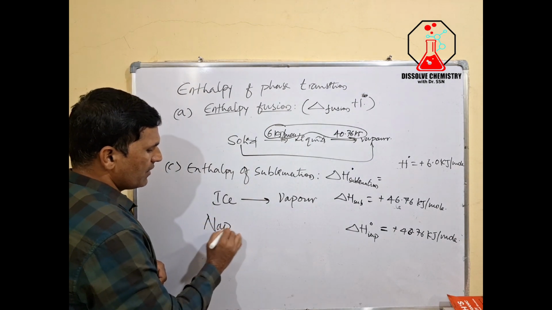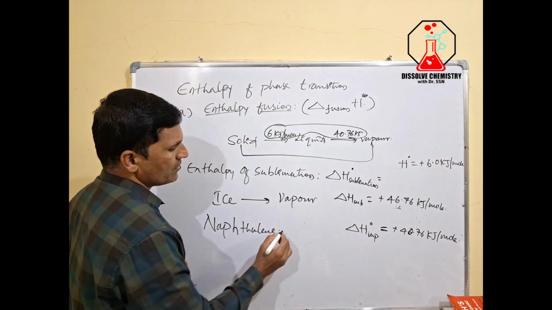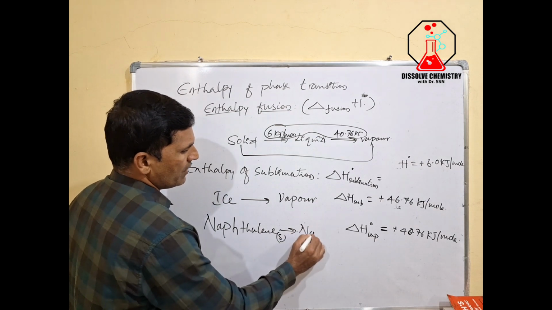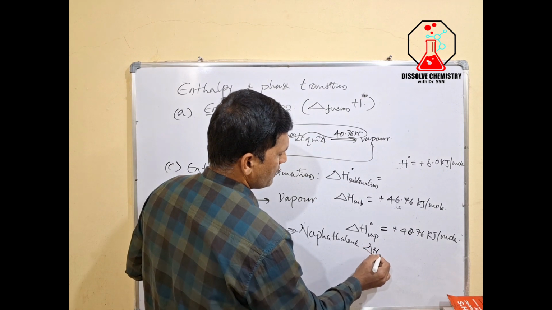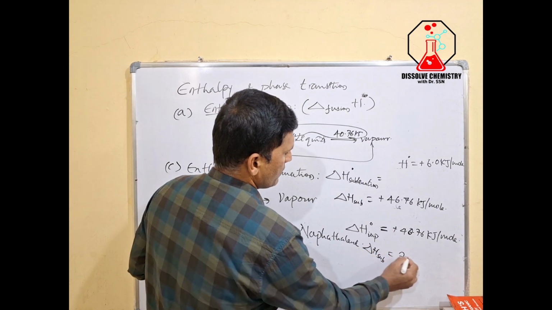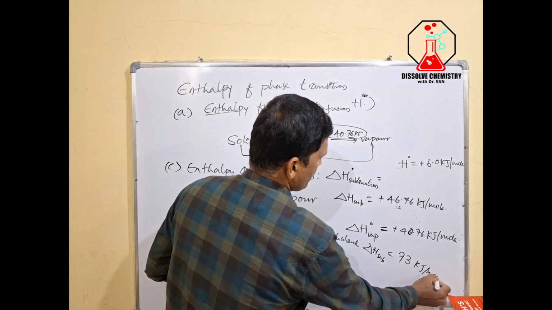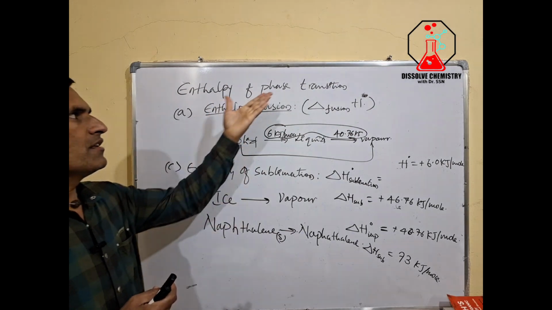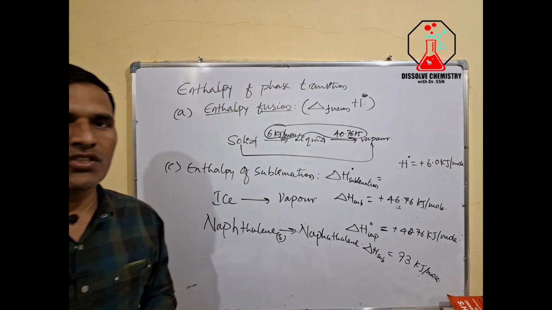Naphthalene solid sublimes to give naphthalene vapors, delta H of sublimation equal to 73 kilojoules per mole. So this is how we define different enthalpies of phase transitions.